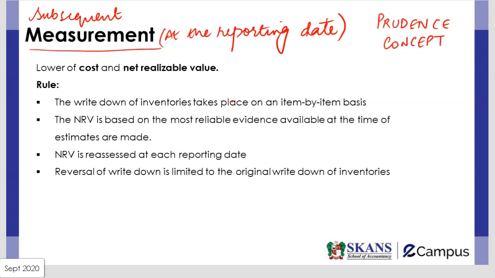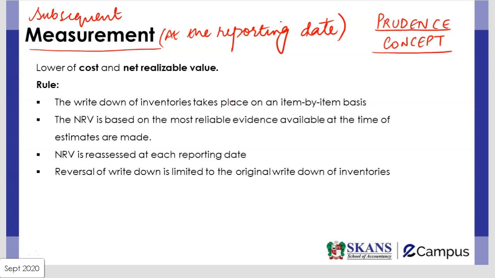Prudence concept says that your assets should not be overstated and your liabilities should not be understated. So this standard says that at every reporting date, complete valuation of inventory should be done to identify what is the cost of inventory.